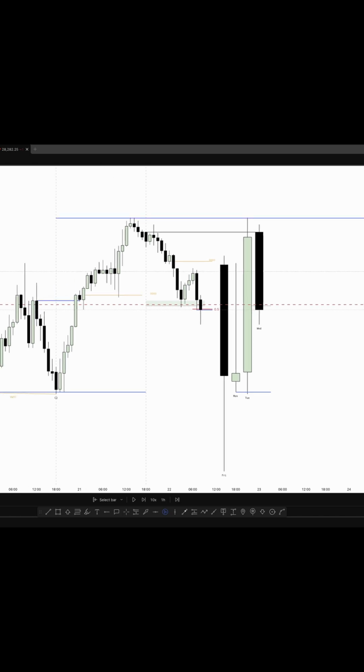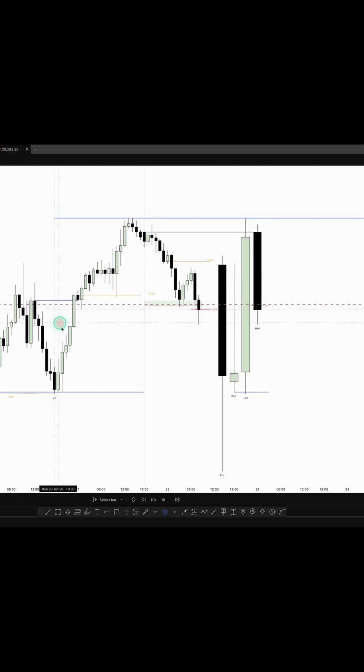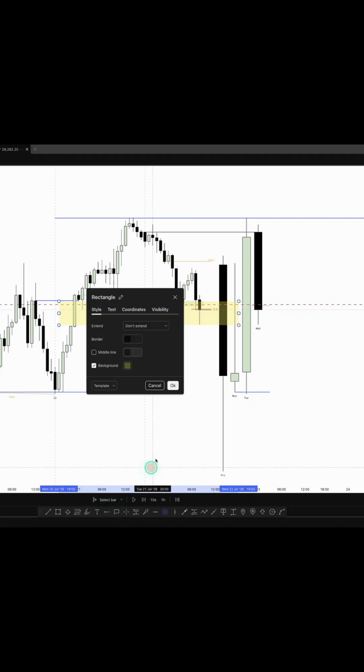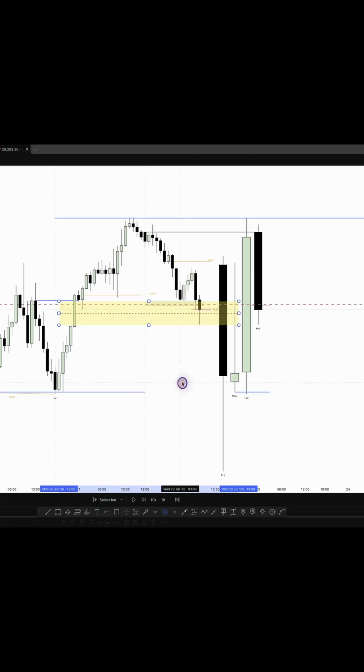Also, when I look to my left here, I notice that price, when it came lower, tapped into this 1 hour fair value up here and is respecting the midpoint. If I add a line there, you see that the wick came below it, but the actual body is closing above the midpoint.